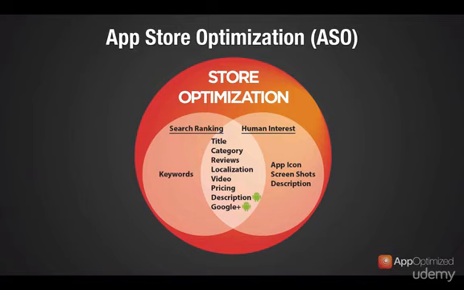The second goal is to make sure that when people see our app icon or our title, we're also enticing them to look more into our app and to download it. These are the factors that influence both of those types of things. And hopefully this slide gives you a great idea of what influences those two categories.